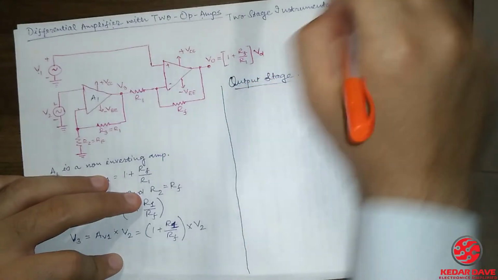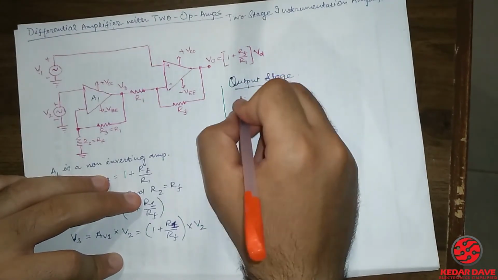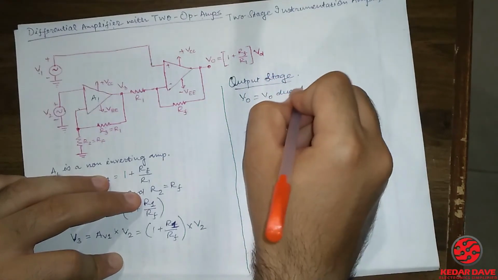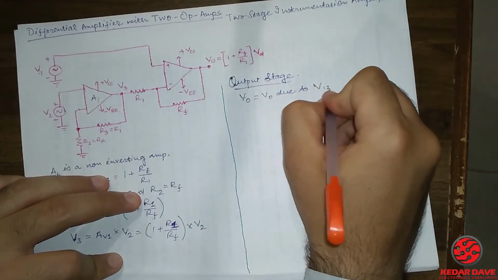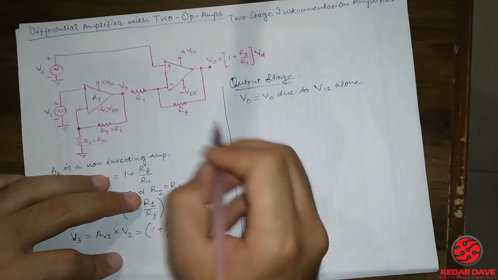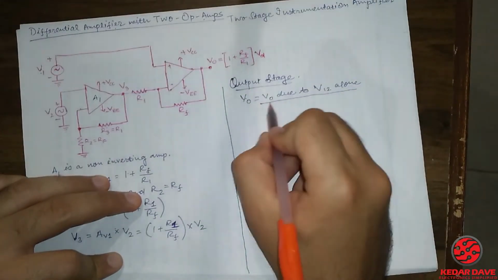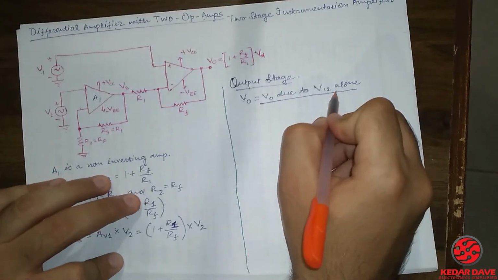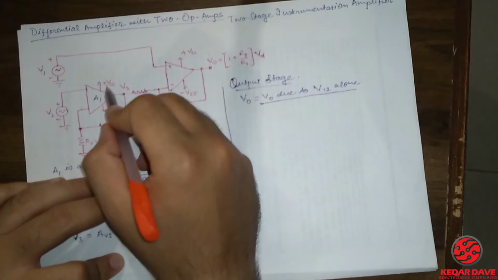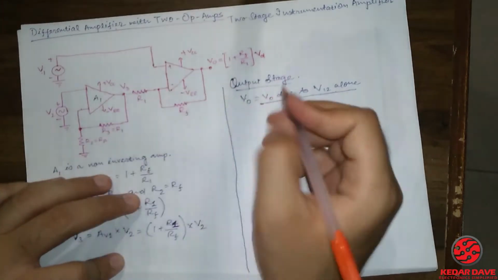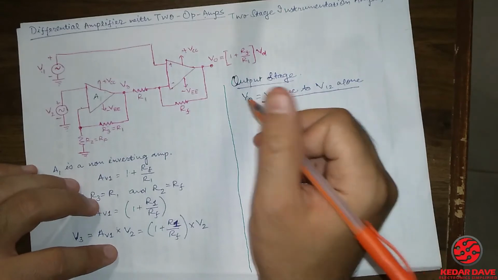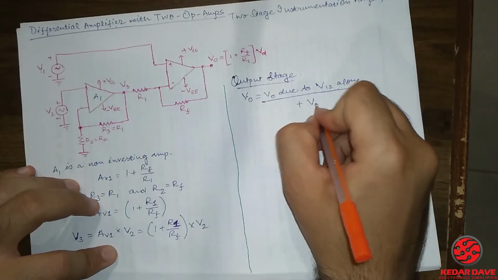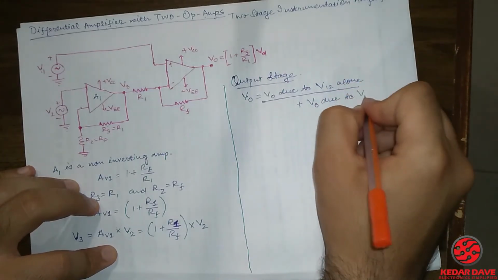From the superposition theorem, VO is equal to VO due to V1 alone, plus the second term, that is VO due to V3 alone.